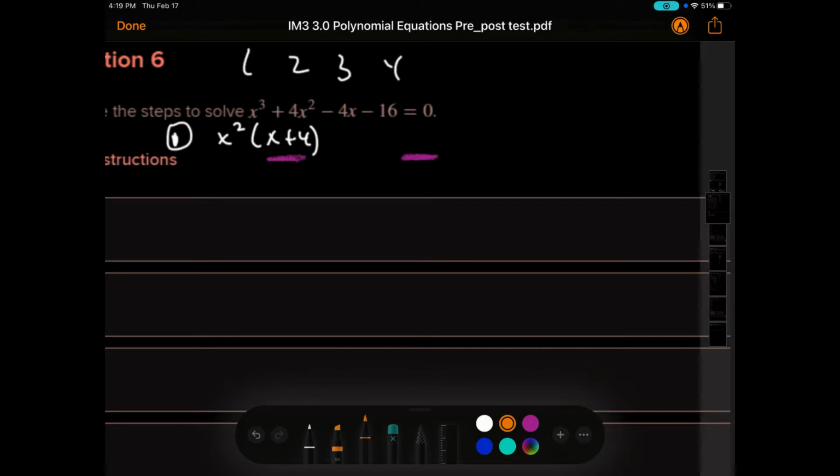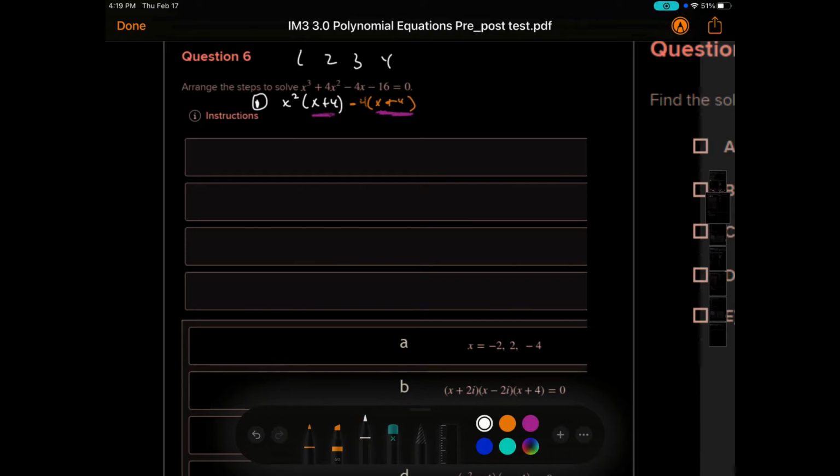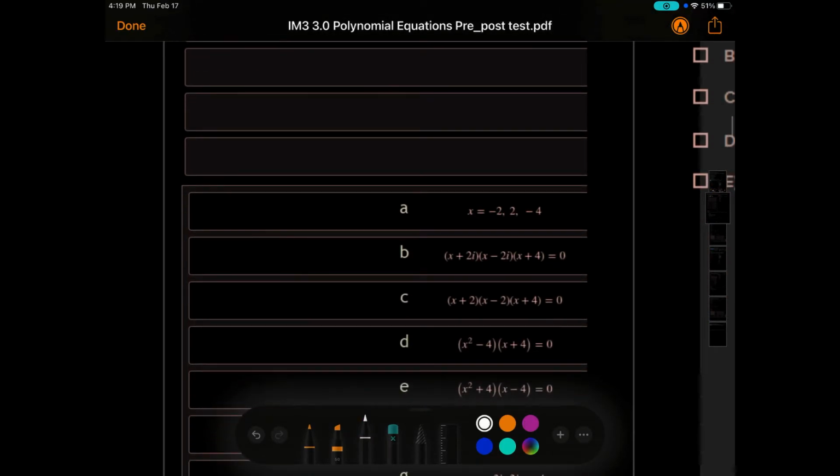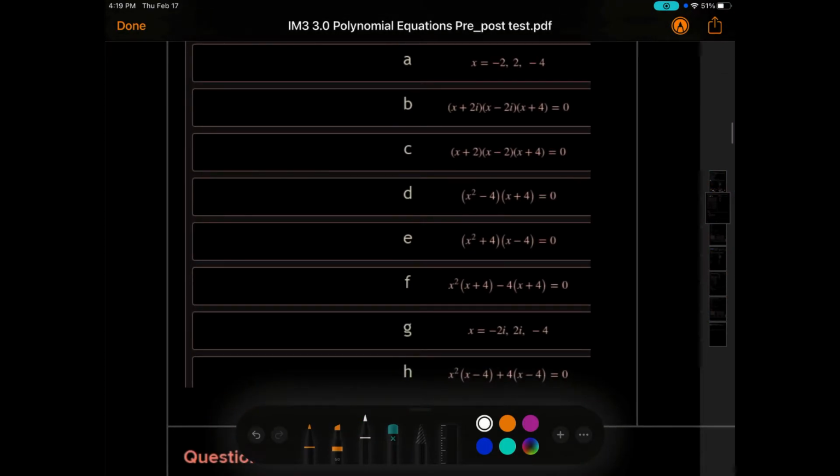So in order to do that, I'm going to have to probably pull out a -4. So that it reads x plus 4. Remember, if you distribute the -4, you'll get -4x minus 16. So again, those things are the same. Okay, now which one has the step I just did? That would be step F.